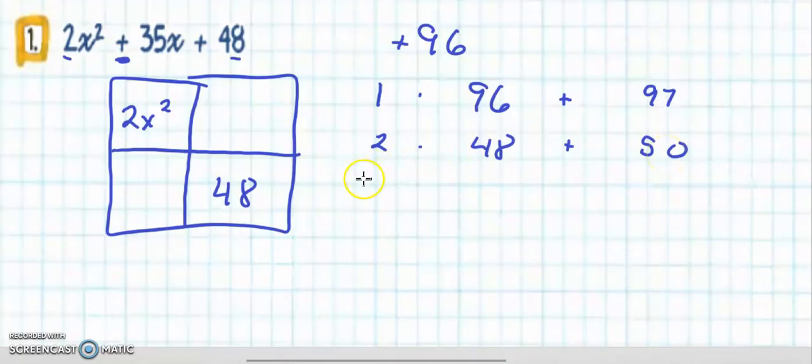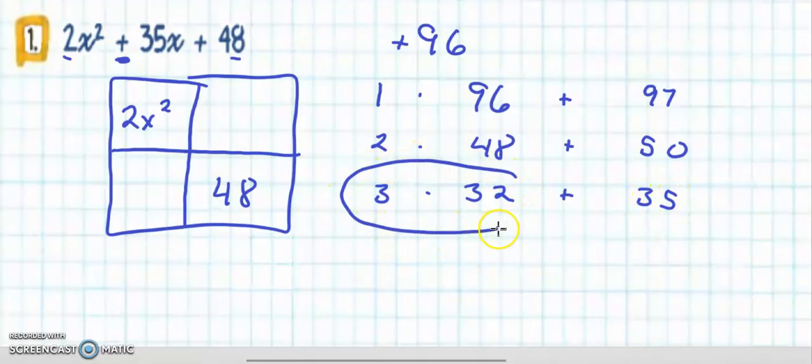All right, how about 3 times, let's see, 3 goes into 9 3 times, 3 goes into 6 twice. 3 times 32 gives me 96. Does 3 plus 32 give me 35? Yes, it absolutely does.